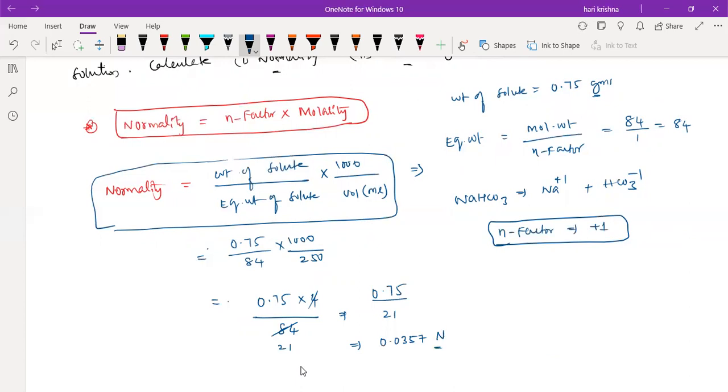Understand now how to calculate the normality? If you are clear on how to calculate the equivalent weight, it will be easy for you. That's all the difference.